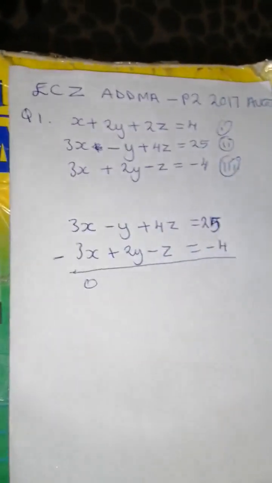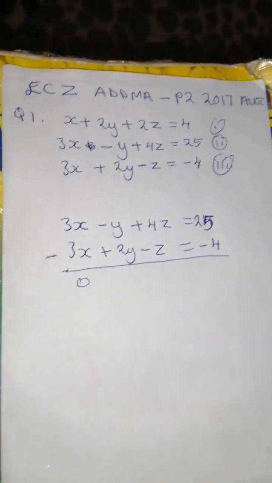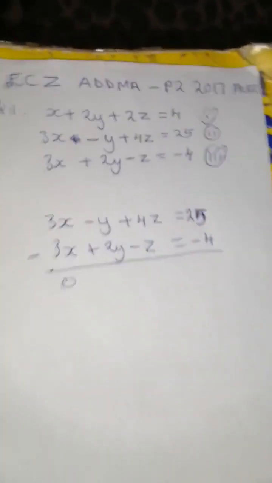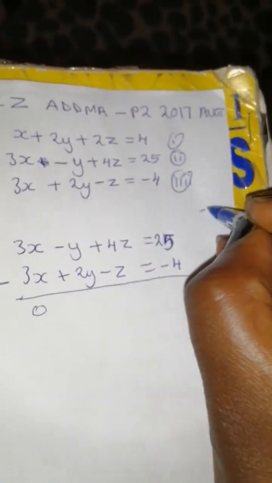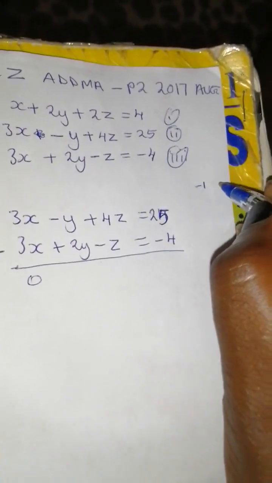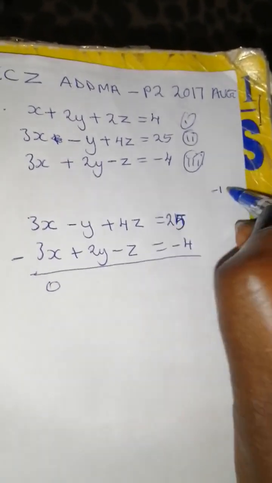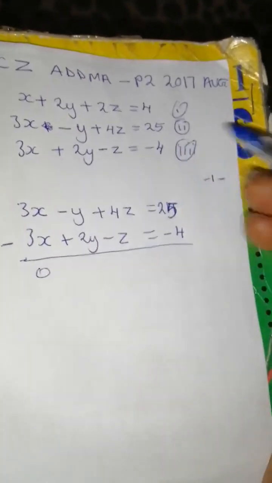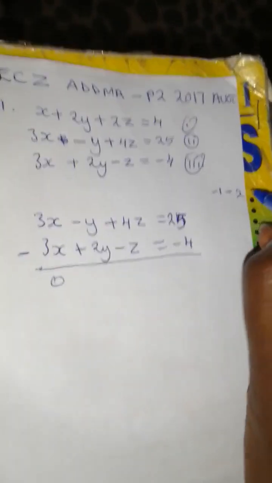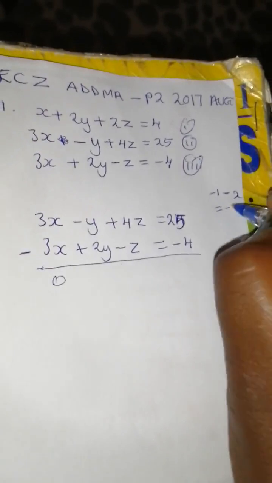Then here I have negative y minus positive 2y. So it's like I have negative 1 because the coefficient of y there is 1. Then I'm subtracting that minus positive 2. So it's negative 1 minus 2, which gives me negative 3.